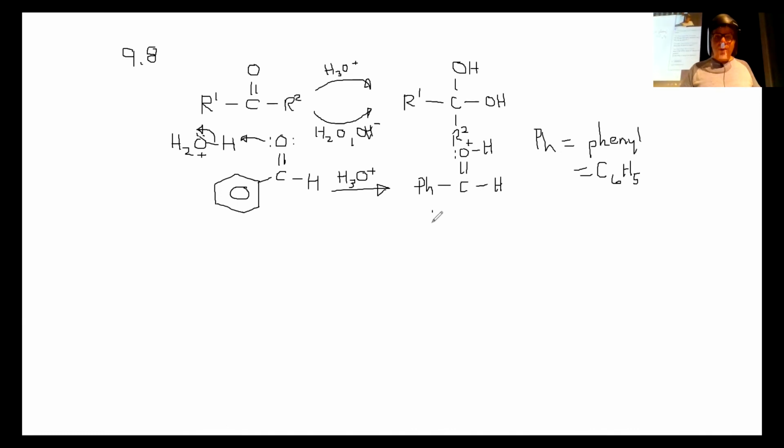And now our nucleophile can attack. The only species we have around that can act as a nucleophile is water. Remember, H3O+ implies that water is present. But we will need to use water and not OH-. There is no OH- present, just like we saw in these other reactions today. Not in an acidic medium.